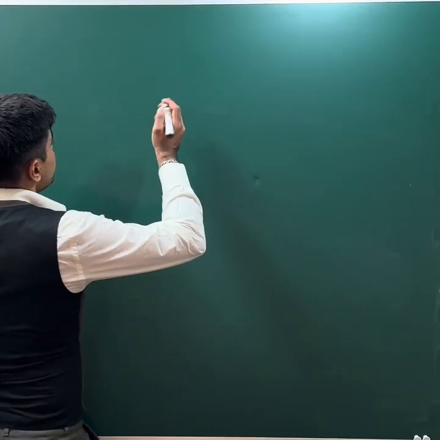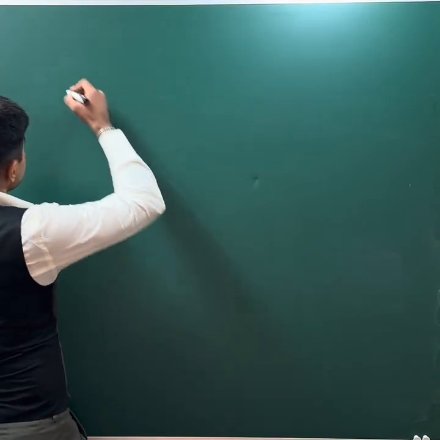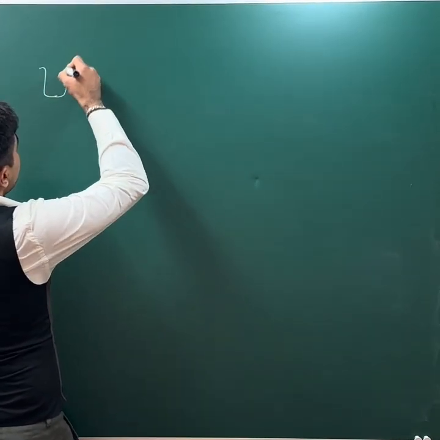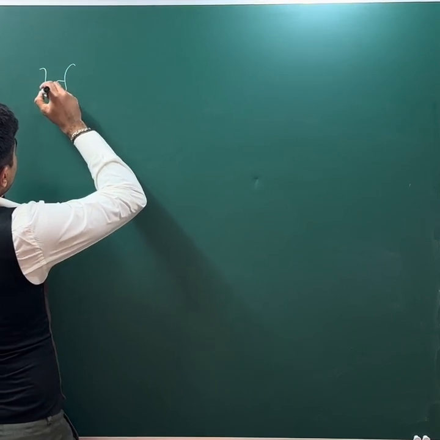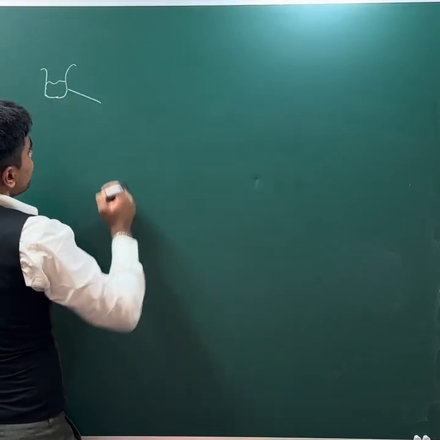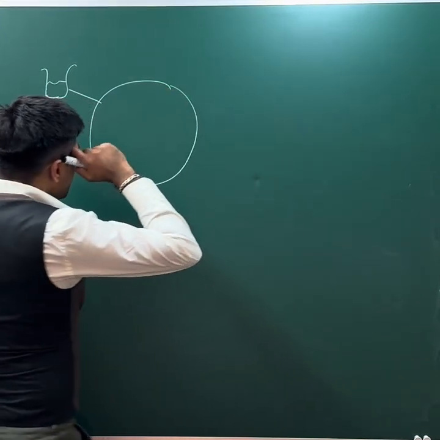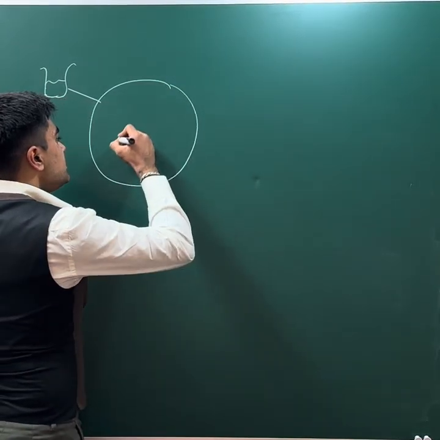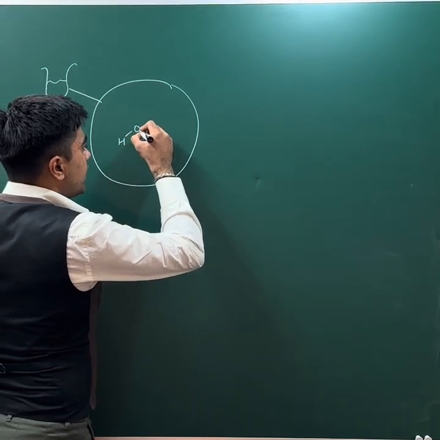To understand this, I want you guys to imagine we've got a glass of water here, okay? We've got some water here. Now, this water, we'll zoom into it, okay? We zoom into this water. Now, when we zoom into this water, we see a lot of H2O molecules.